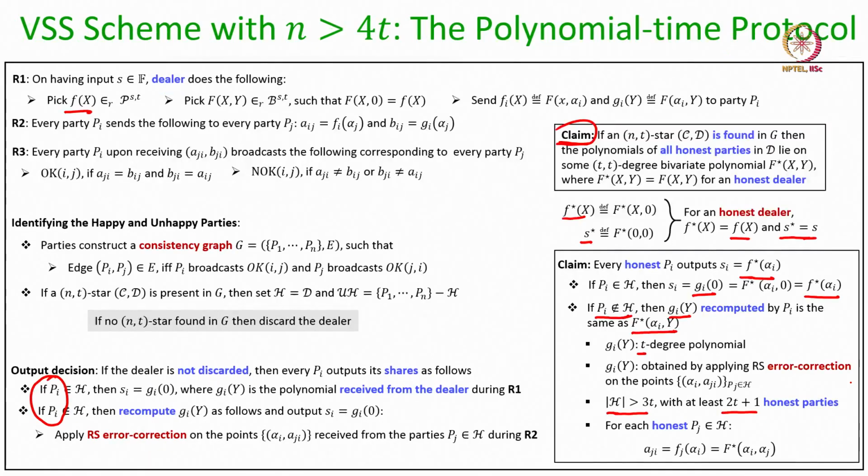And now we can use the fact that the AGI values on which the party Pi applies the Reed-Solomon error correction constitute points on this defined bivariate polynomial f star. Okay. So, because of the properties of the Reed-Solomon error correction, the recomputed polynomial g i of i is guaranteed to be the ith column polynomial of the defined bivariate polynomial f star.